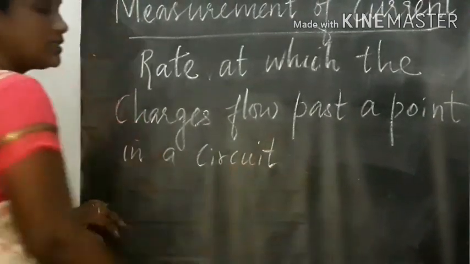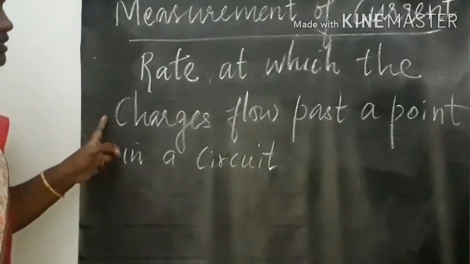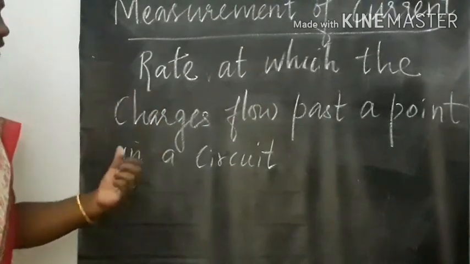So how will you define the current? The current is the rate at which the charges flow past a particular point in a circuit.